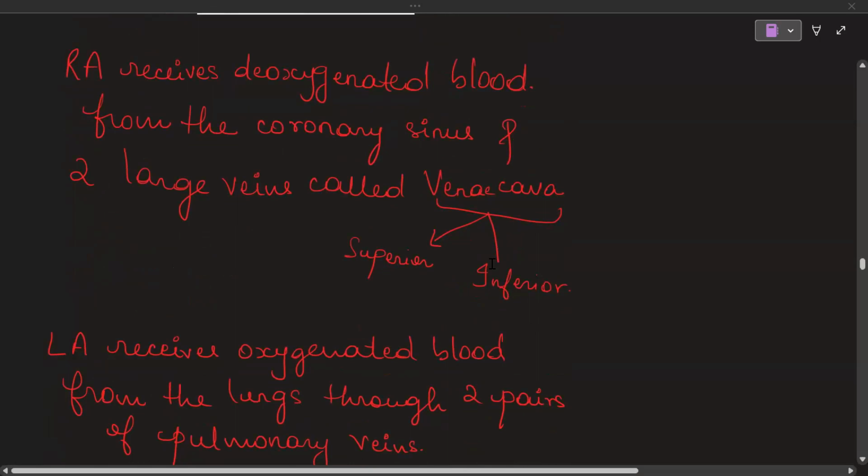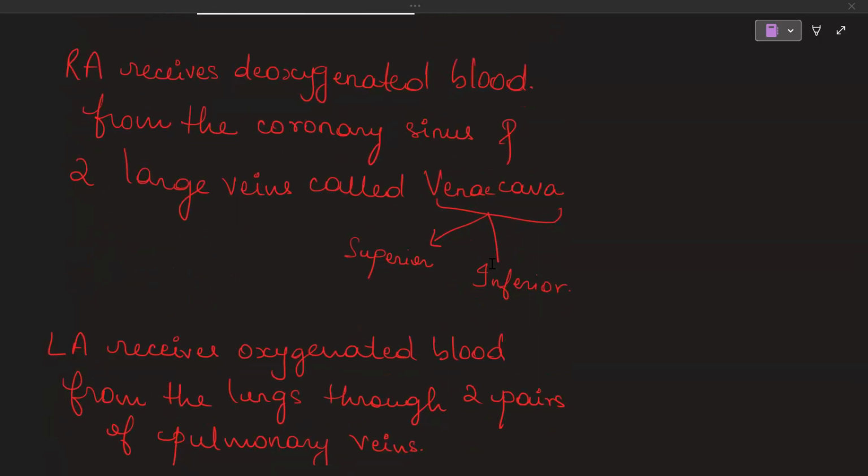Now the right auricle receives the deoxygenated blood from the coronary sinus and the two large veins known as vena cava. The vena cava is superior and inferior. So it collects the deoxygenated blood from the body cells and brings it to the right auricle.